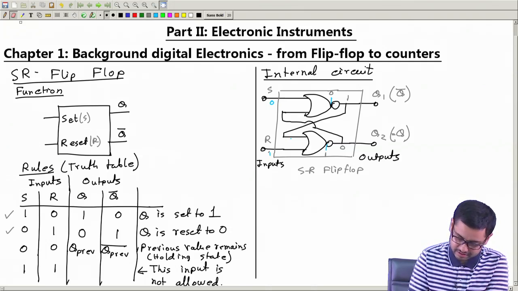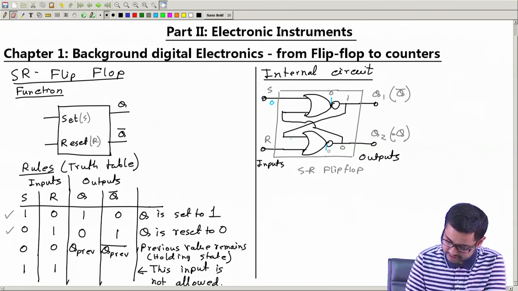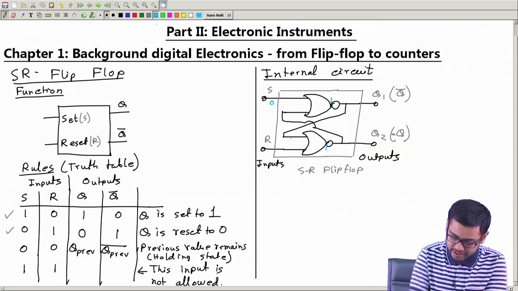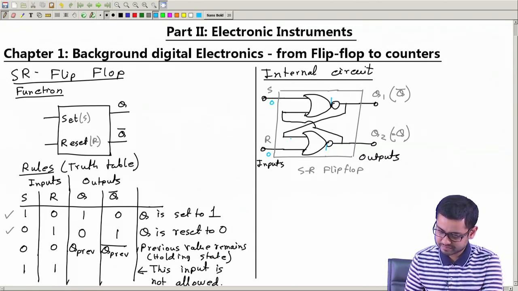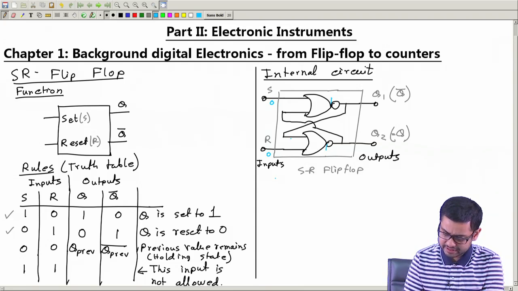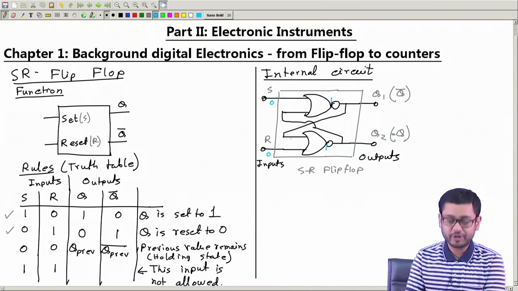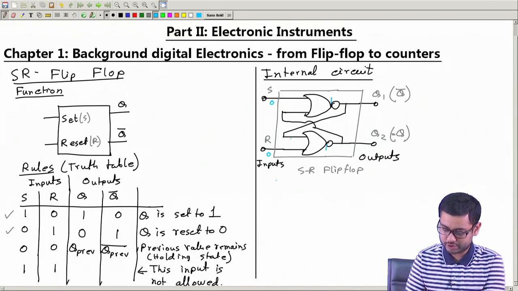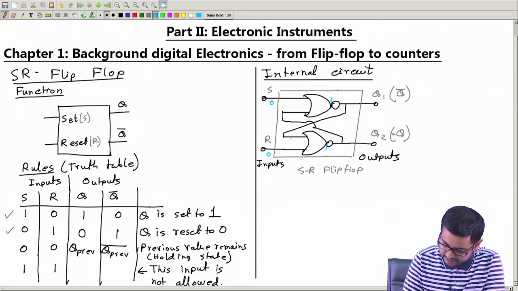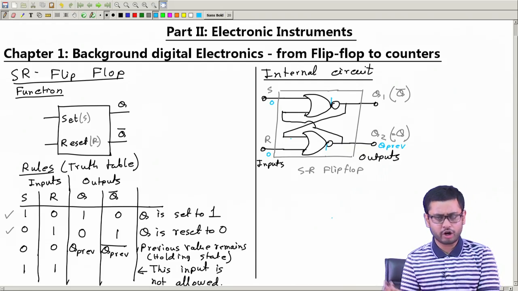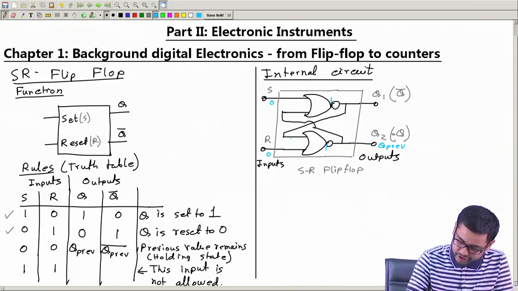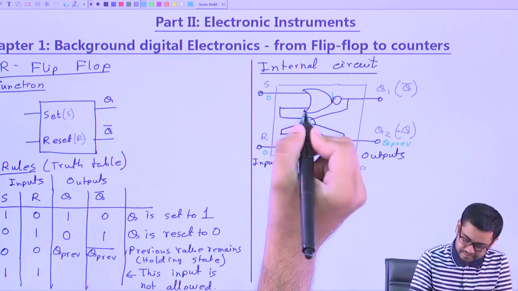Now, let us check other situations. Let me give 0 and 0, and let us assume the value of Q was Q previous before I made this 0 and 0. So, let us start with this equal to Q previous, this could be 0 or could be 1. Now, this Q previous comes here.